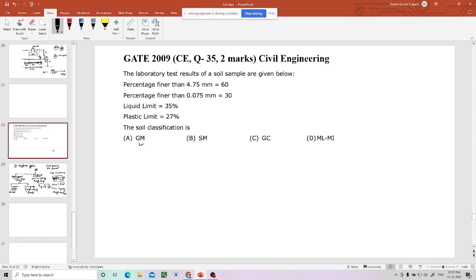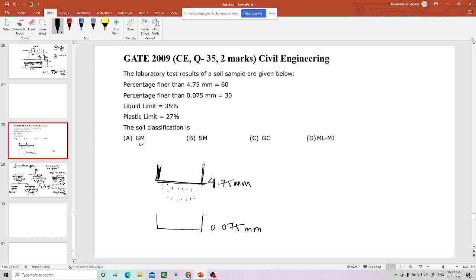Percentage finer than 4.75: I'll keep the 4.75 mm sieve here, and somewhere here the 0.075 mm sieve. These are the two sieves. Percentage finer than 4.75 means whichever is passing.